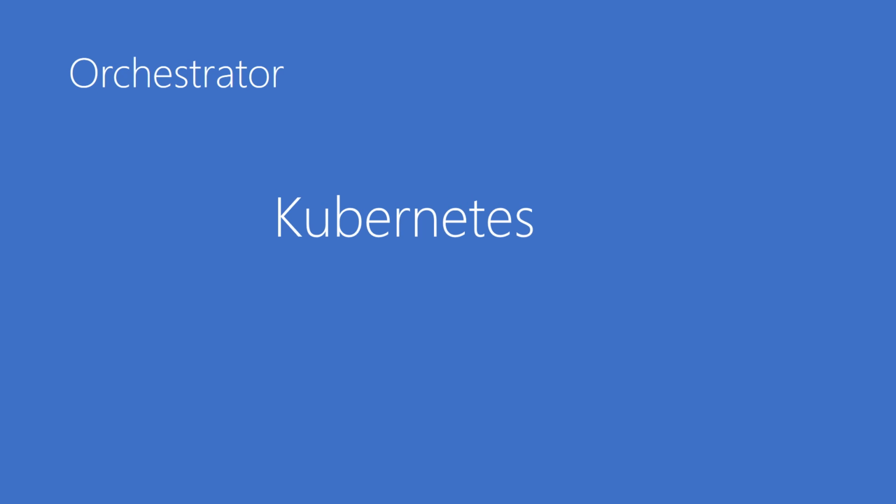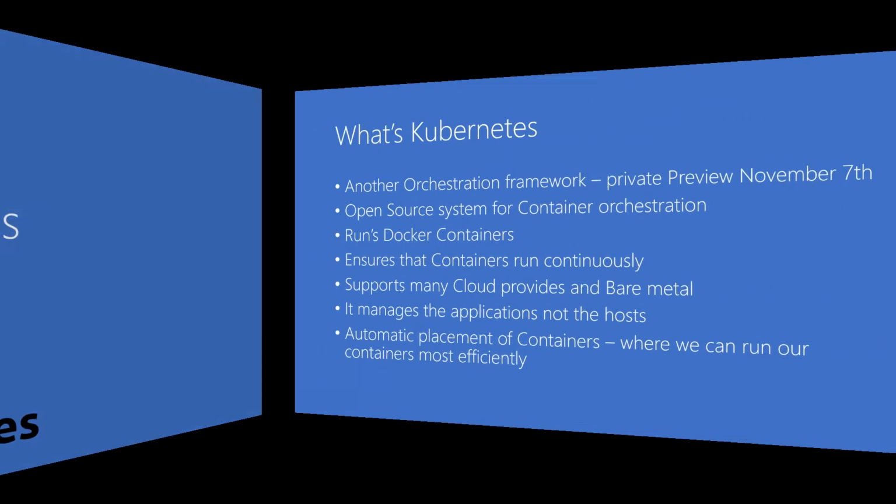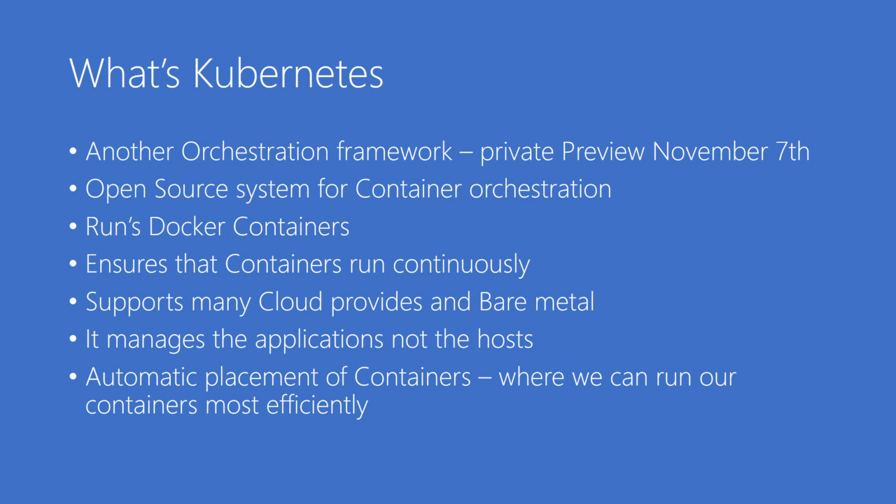The third and final orchestrator that we now have in ACS is Kubernetes, and that originally comes from Google. Kubernetes is another orchestration framework which we released very recently, preview November the 7th, 2016.